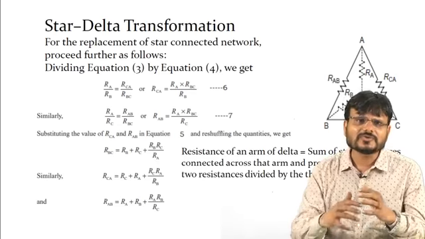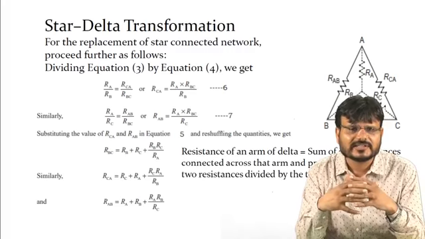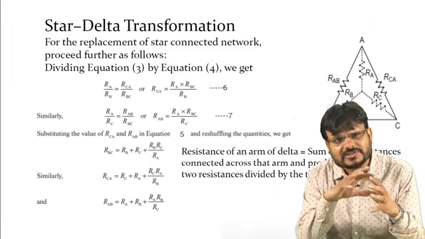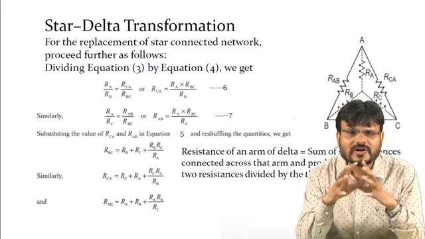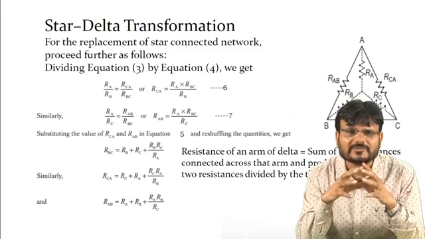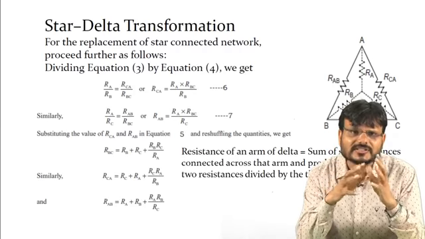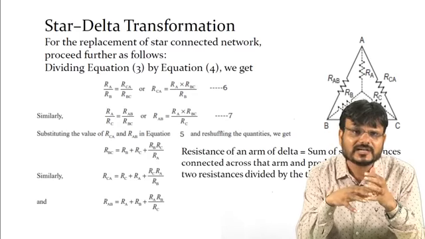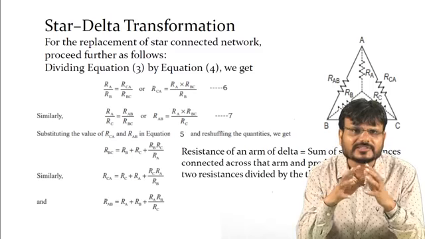This is how you can calculate the equivalent resistance in star-delta and delta-star connections, and you can simply convert star into delta and delta into star. All these basic transformations will be applied when you analyze complicated circuits: star into delta, delta into star, and how to convert current source into voltage source and voltage source into current source.